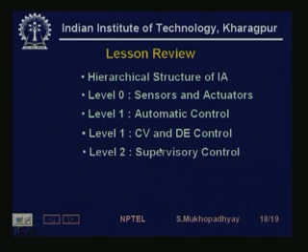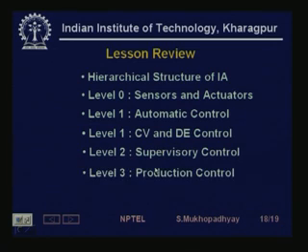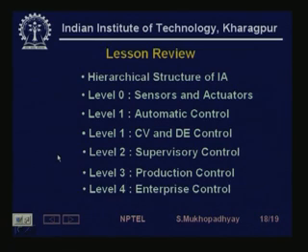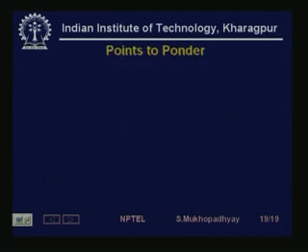We have looked at supervisory control and we have understood how they are different from automatic control. And finally we just took a cursory look at production control. Enterprise control we are not going to even have a look at, because this is essentially a business management operation.